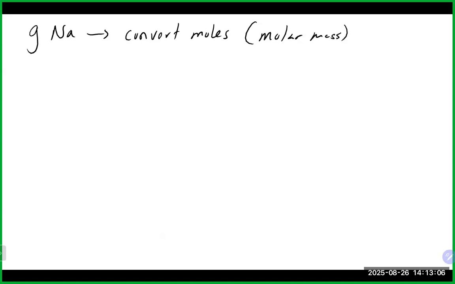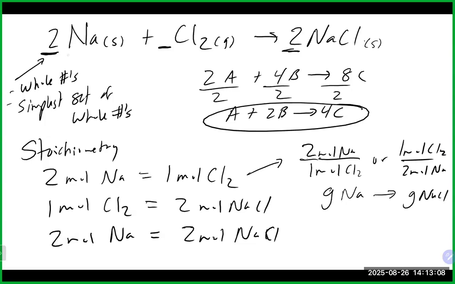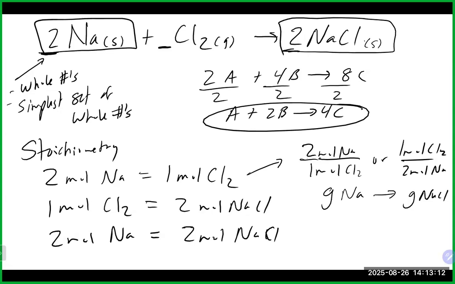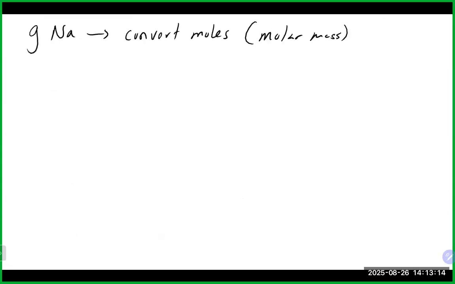Once you have that, you would then find the mole to mole relationship between these two. And by the way, before you start anything, you always need a balanced equation. Otherwise, stoichiometry doesn't work. And in this case, we have 2 moles of sodium gives us 2 moles of sodium chloride.